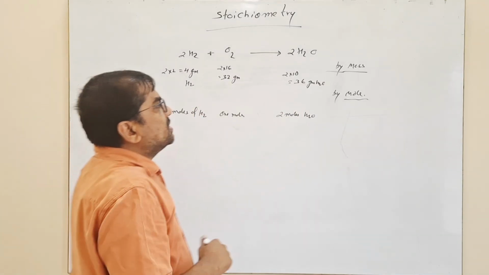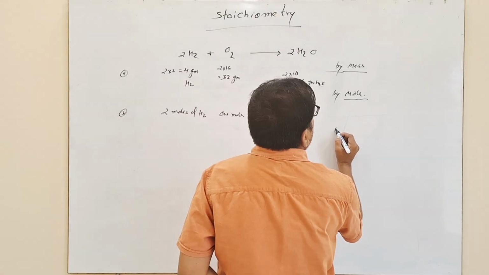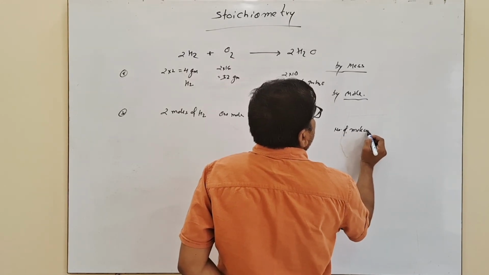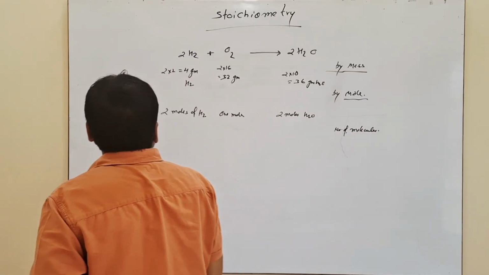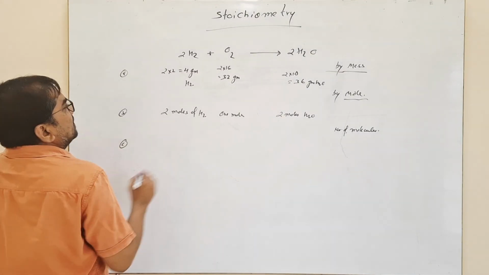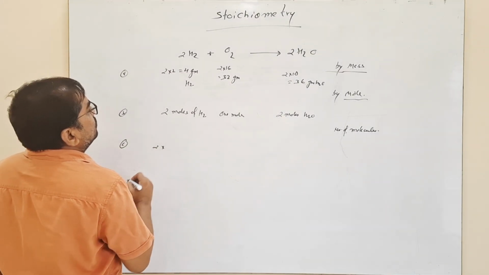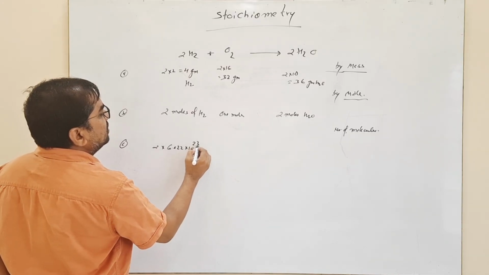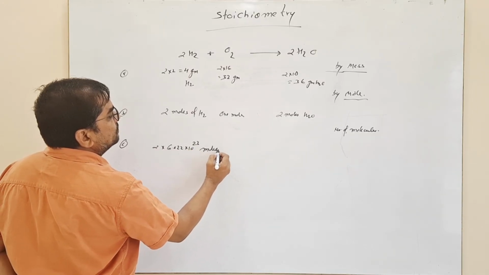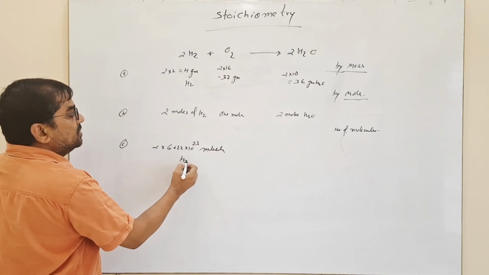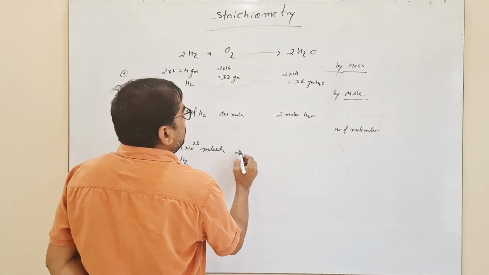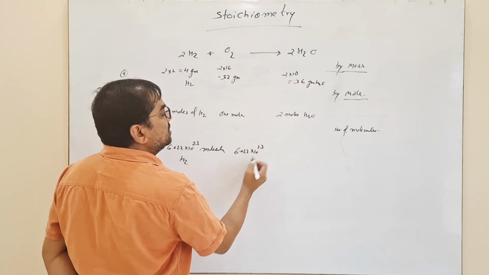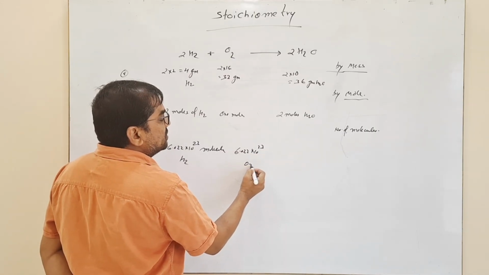If the same equation we discuss on the basis of number of molecules, so we can say that 2 into 6.022 into 10 to the power 23 molecules of hydrogen reacts with 6.022 into 10 to the power 23 molecules of oxygen.